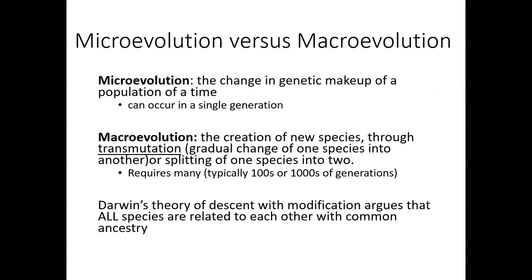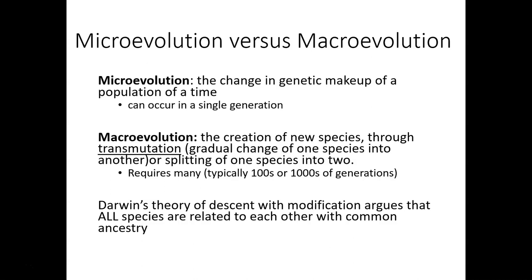Microevolution can occur in a single generation or over a few different generations, but it's generally considered evolution over a short period of time that does not result in a new species, just in differences in genetic makeup of the population.